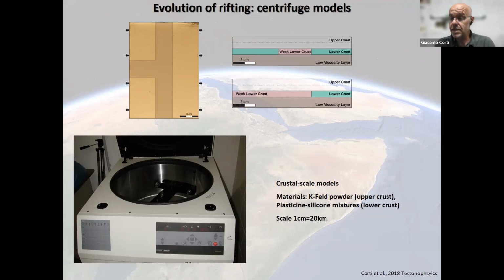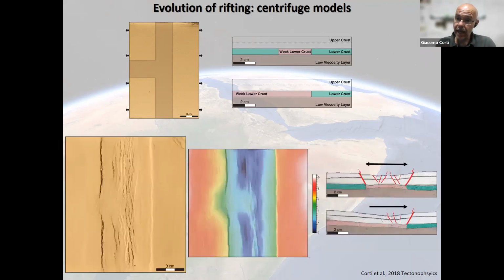So we can use this experiment to test the importance of different parameters on the evolution of a rift zone or another geological process. I will show you later some movies of this kind of experiments, and then here I'll show you some top views here. This is a photo of a model rift valley with large boundary faults, which are this structure here. This is the digital elevation model, which shows here in this blue pattern the more depressed regions of the model.